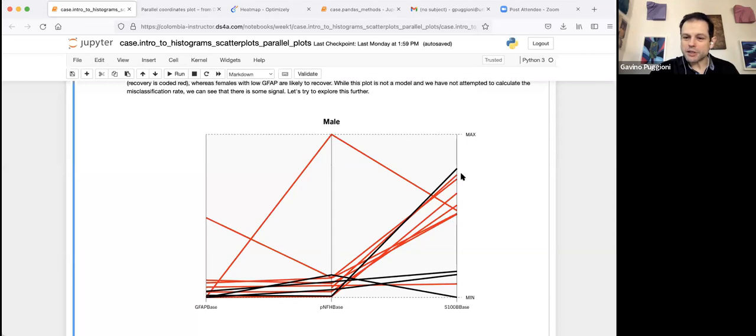That most of the patients that recovered, the males, had a low GFAP base and a high S100 base. Isn't that interesting? And the PNFH is typically low also when they recover, except for 1 case. However, even this extreme case has a low value of GFAP and a relatively high value of S100.